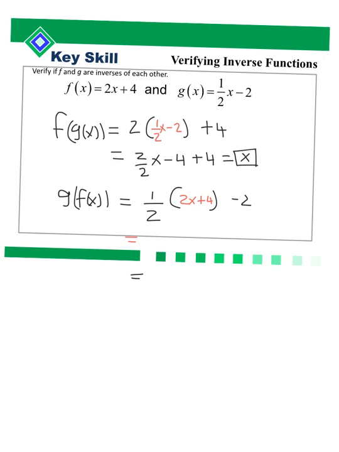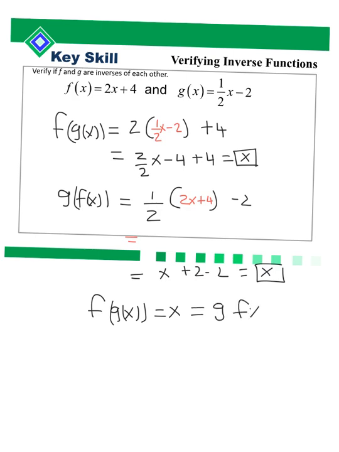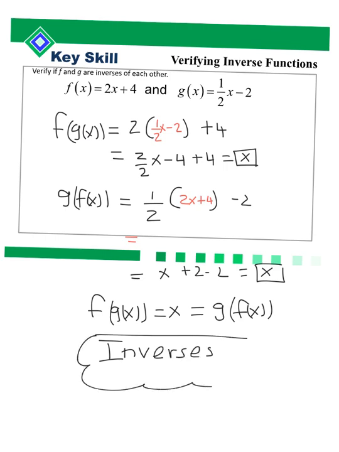So when I distribute, I get x, 4 over 2 is 2, minus 2, and I get x. And if you get x, here we can say f of g of x equals x, and this is the same as g of f of x, and that means they are inverses of each other.